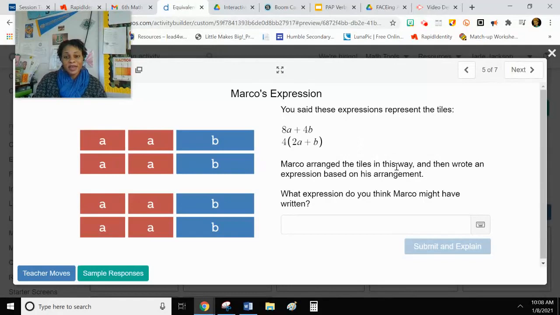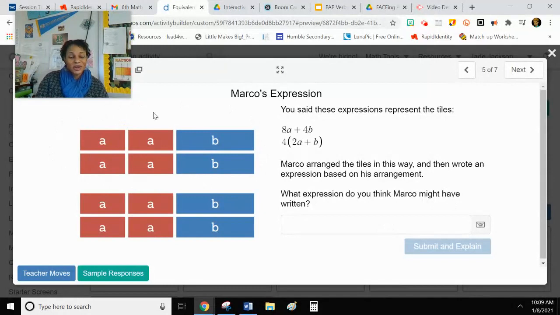Marco arranged the tiles in this way and then wrote an expression based on his arrangement. What expression do you think Marco might have written? So take a second, look at Marco's picture, and show what Marco could have written. So we see that Marco took his and broke them into 2 groups. And in each group, he has 4 A's and 2 B's.